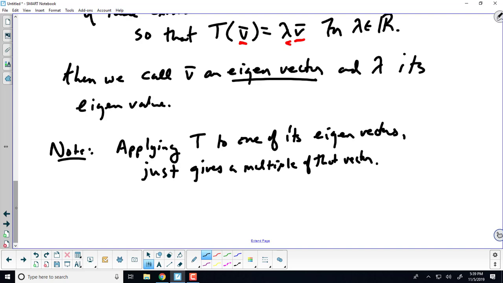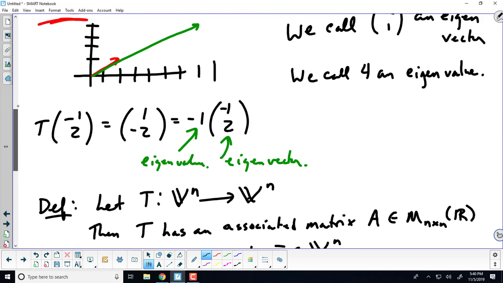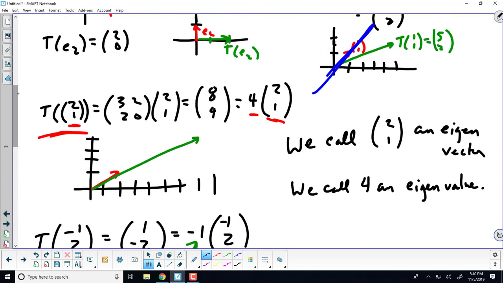That's interesting. Most of the time, those vectors get pushed or pulled or stretched or moved somewhere else in the plane. But for example, this one here, red was our original vector. When we plugged it into the transformation, we got out green, but that's just a scalar multiple of that original vector.